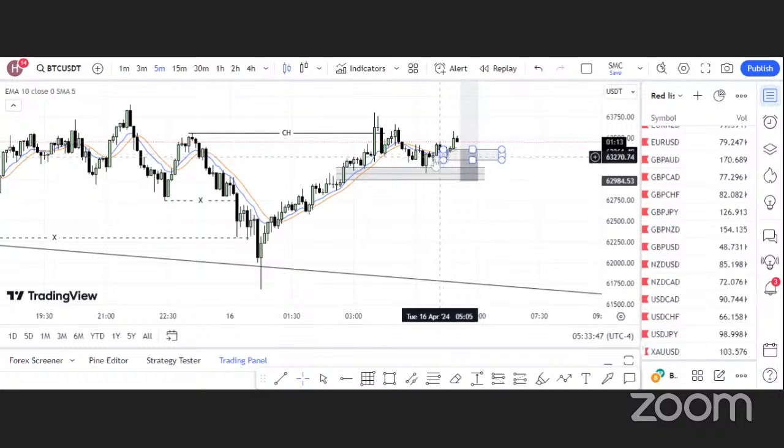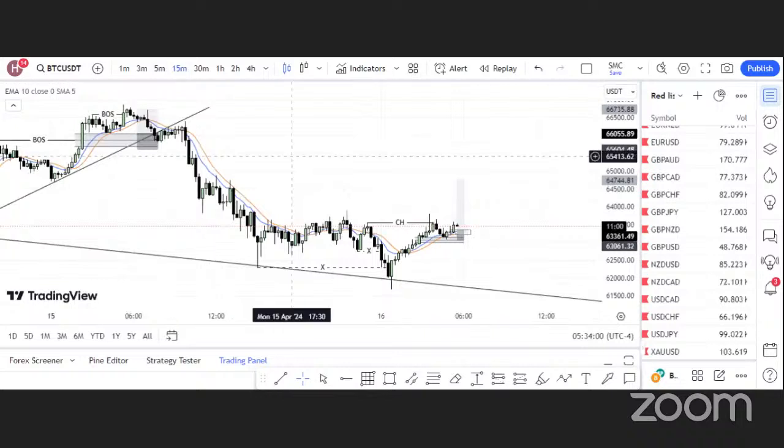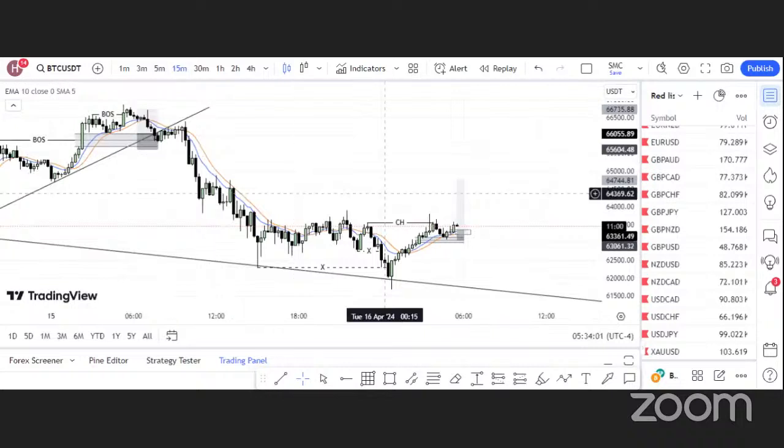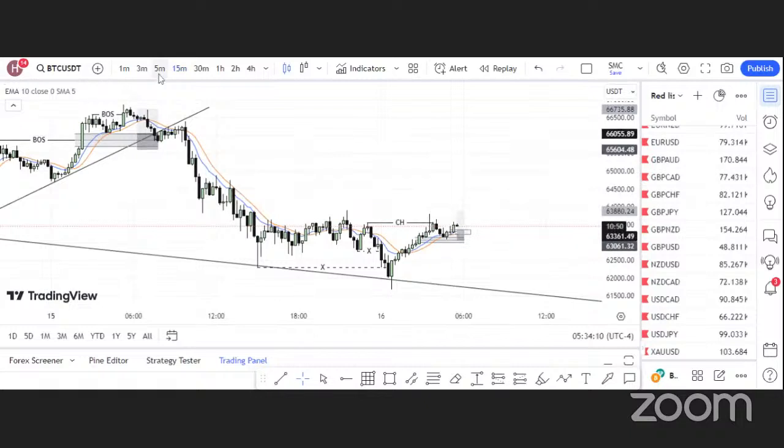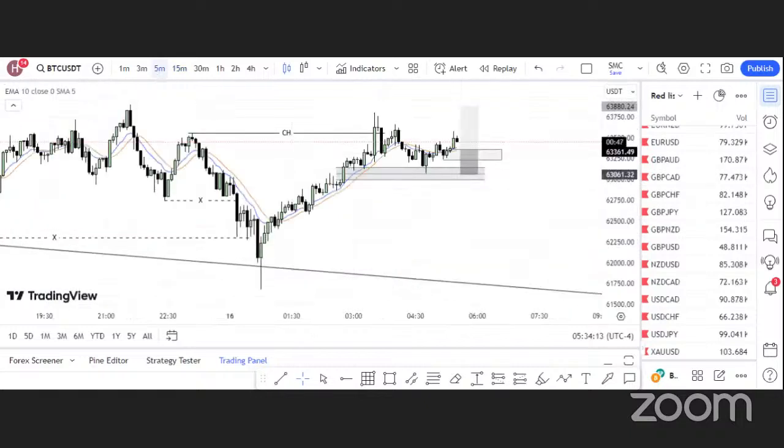So if the market, so we're going to place this trade, and right now we've trimmed our stop loss to a certain point that even if the market goes against us, we are not going to lose much. So this is how to protect your capital.